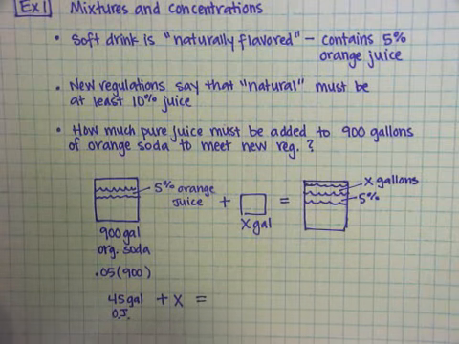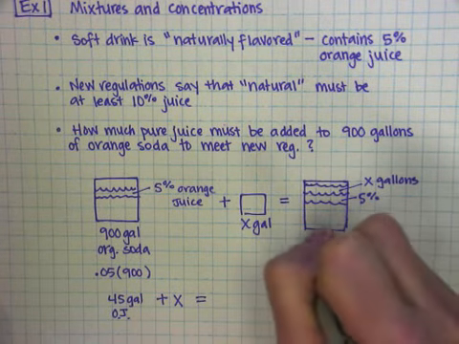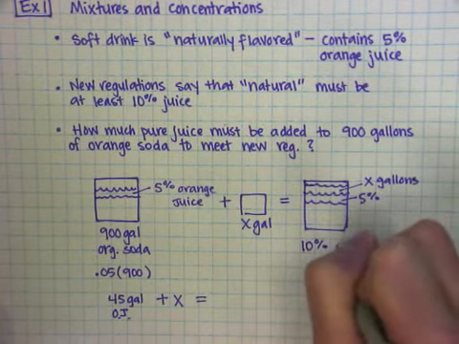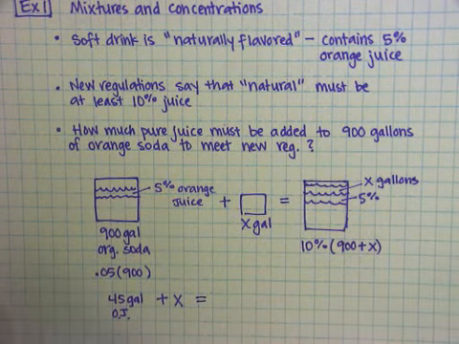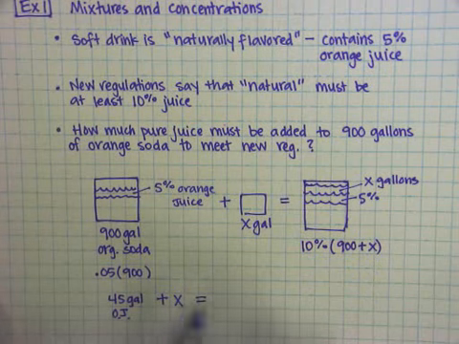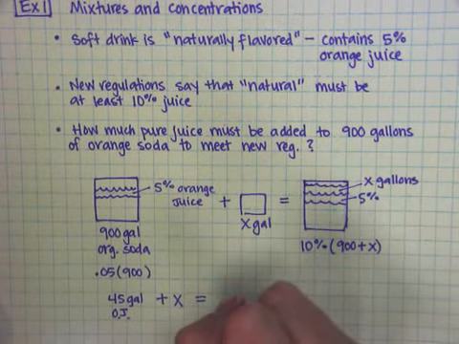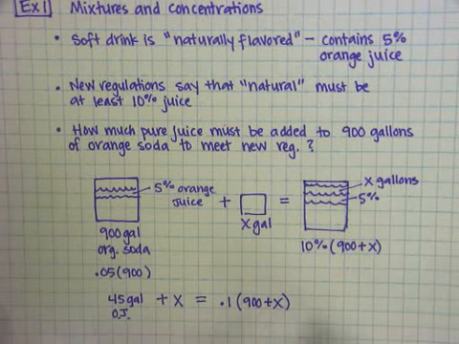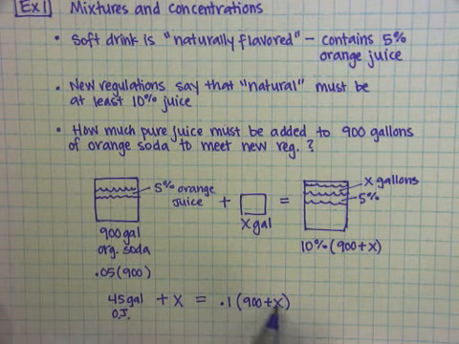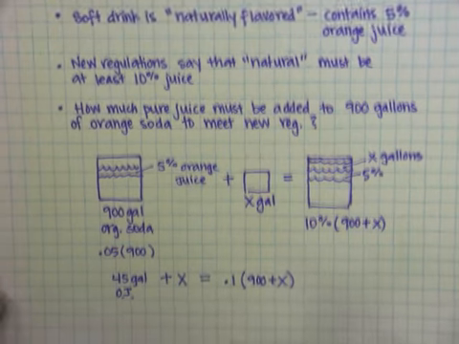So when we get to the end of this, we want to have 10%, that's our new goal, of 900 plus however much we added. We want that to be our total amount of juice. So this is going to be 0.1 times (900 plus X), because now we have the 900 original gallons, but we've also added the X gallons.